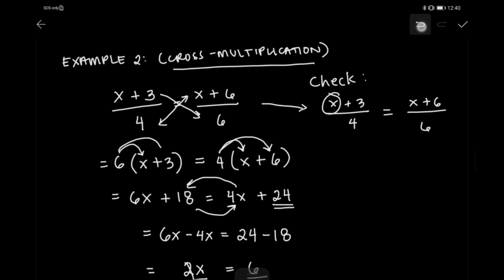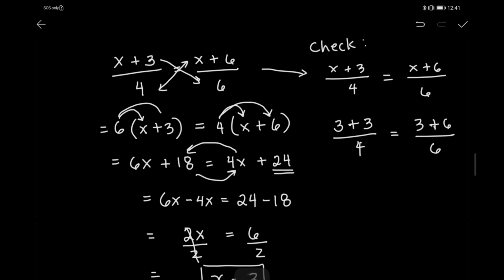So x is equal to 3. So 3 plus 3 all over 4 and 3 plus 6 all over 6. We know 3 plus 3 is equal to 6 over 4, and 3 plus 6 is equal to 9 over 6.